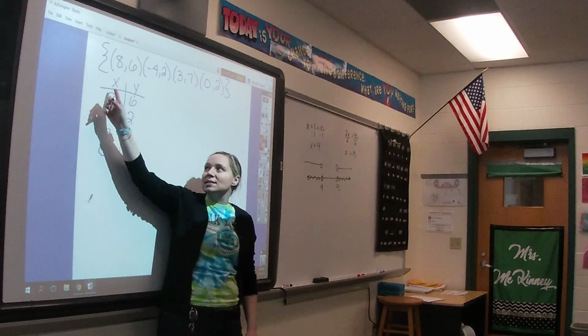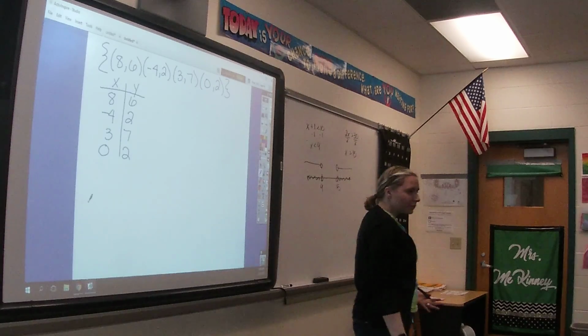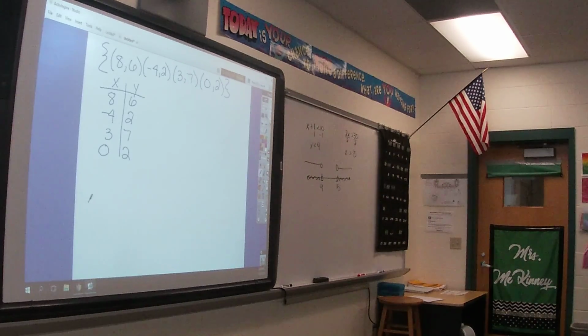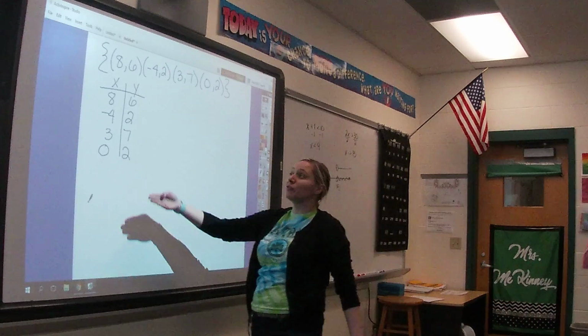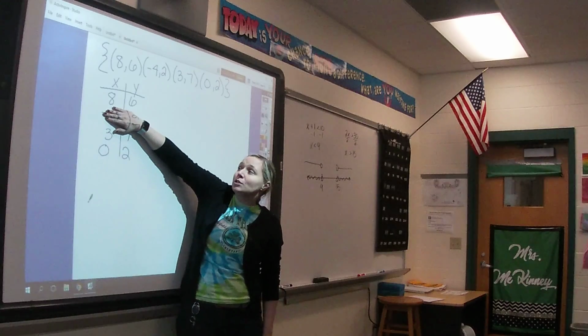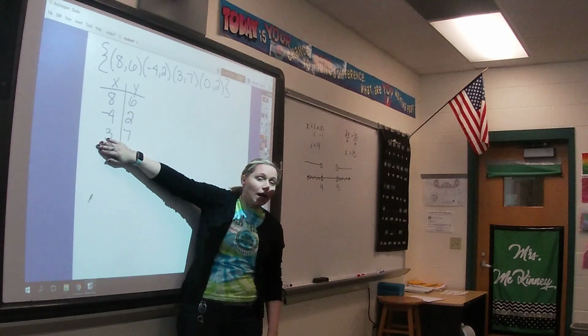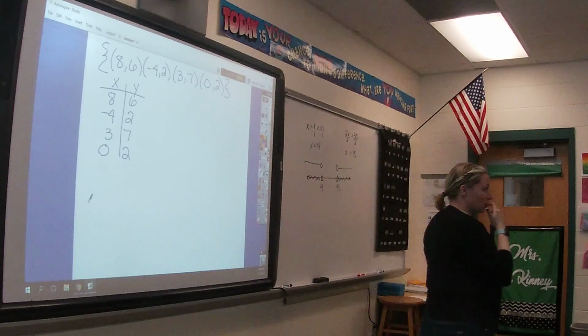So it makes sense to see least to greatest so we could have things grouped together, but it's just not a requirement. Likewise, if we were given this table first, we should be able to just pull out the ordered pairs 8, 6, -4, 2, 3, 7. We okay there?